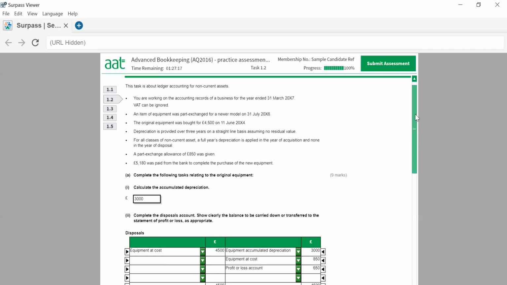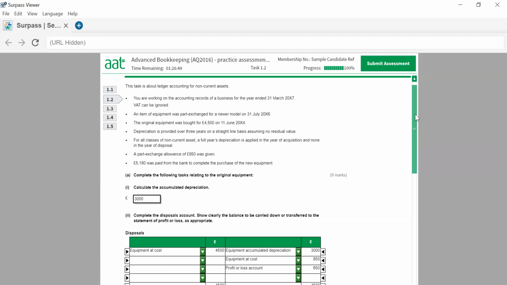So when we're doing a disposals account, we've got the asset as a debit of 4,500, and then we've got the cumulative depreciation as a credit that we're going to work out now. You need those two accounts, because we're going to close them when we open the disposals account. It said for all classes of non-current assets, a full year's depreciation is applied in the year of acquisition and not in the year of disposal.